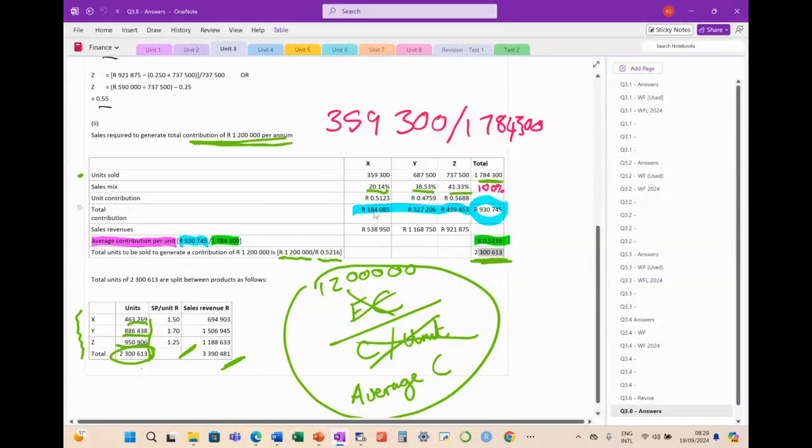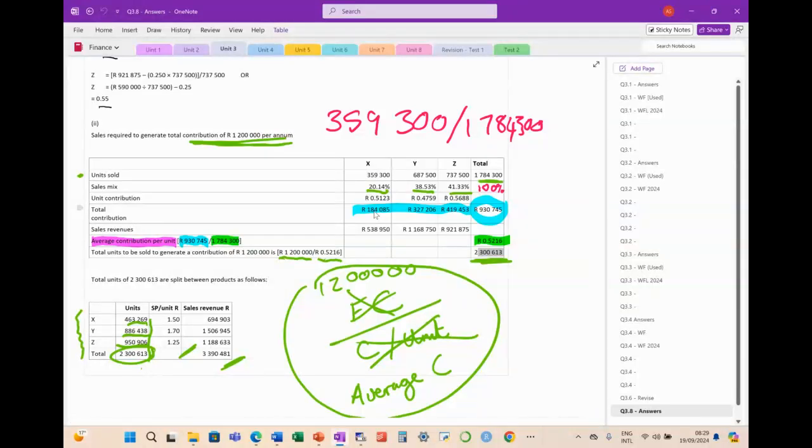When you've added all of them together to get your total sales, you then say for product X, 538,000 divided by your total RAND sales. That's going to give you what proportion of product X is taken up in our sales mix. Does that make sense?